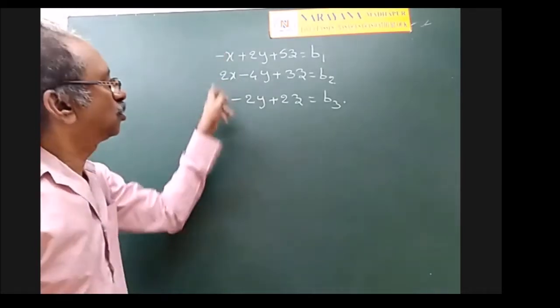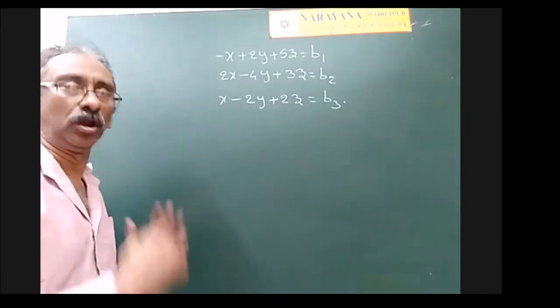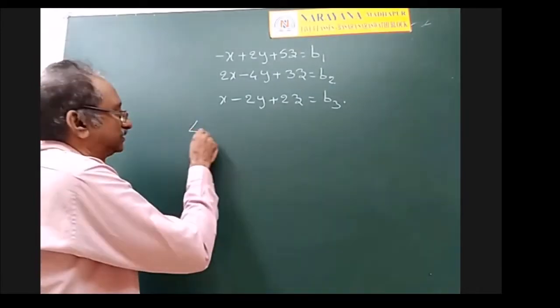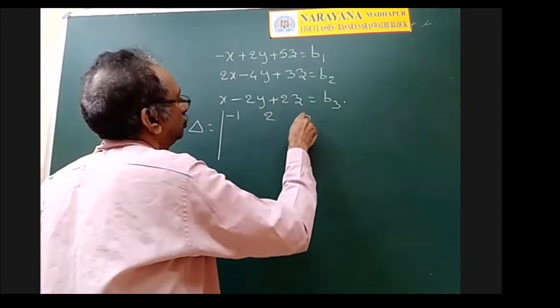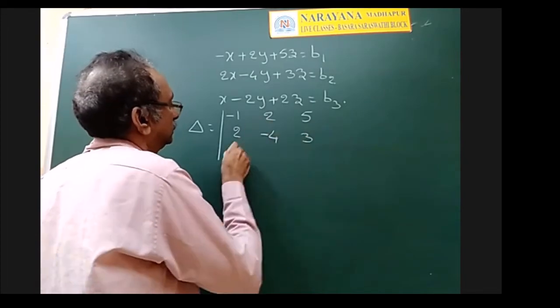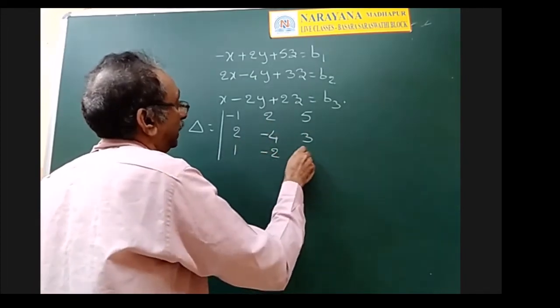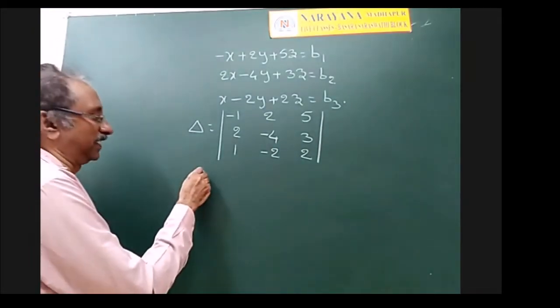Because there are no variables here, first we check whether delta is equal to 0 or not equal to 0. Then we can decide. Now delta is the determinant with rows minus 1, 2, 5; 2, minus 4, 3; 1, minus 2, 2. What is the value of delta?